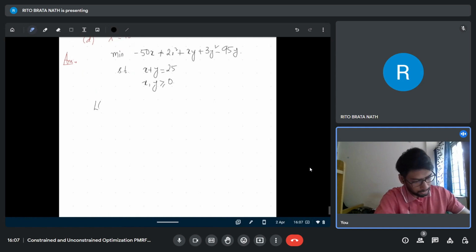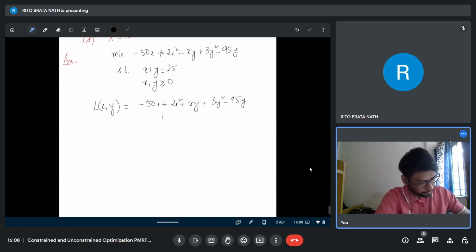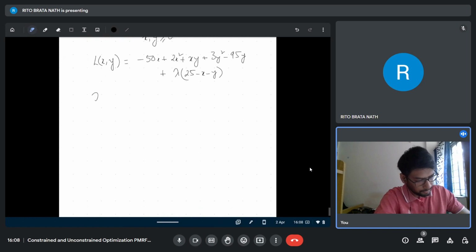So let me write down the Lagrange function first. This is of two variables only. So we'll just quickly write this down, plus lambda times 25 minus x minus y. This gives me del L by del x: minus 50 plus 4x plus y minus lambda.